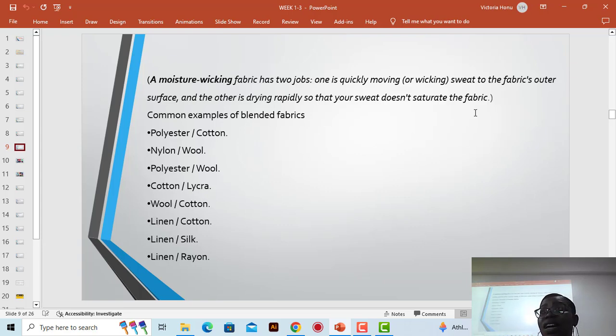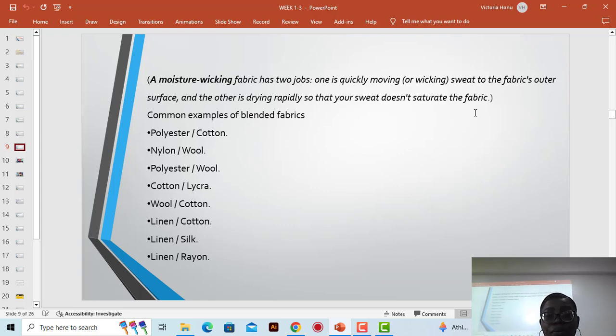Over here, the sun shines and then the rain just pops out like that. And you are beaten by the rain. The fabric has absorbed moisture. So, if the fabric is not a moisture wicking fabric, it will be difficult for it to dry at that time that you're even walking around. So, it has to have the ability to first transfer that moisture or sweat to the surface. That is one job or property of that fabric. And then the second one is for it to be able to dry quickly. That's why it's rapidly. So any fabric that's able to do that rapidly is a moisture wicking fabric.